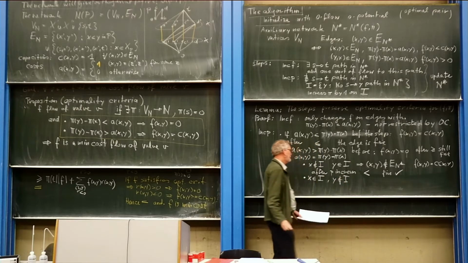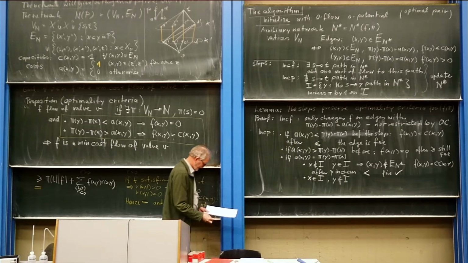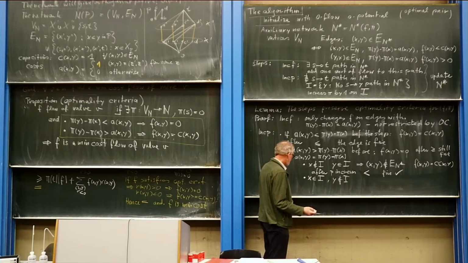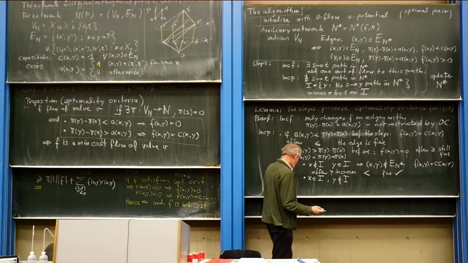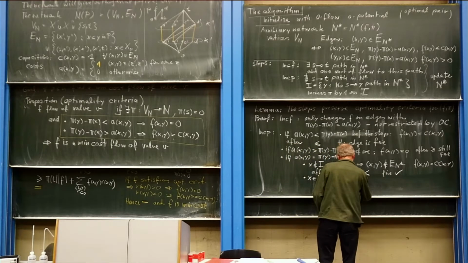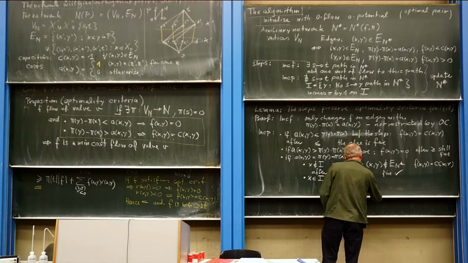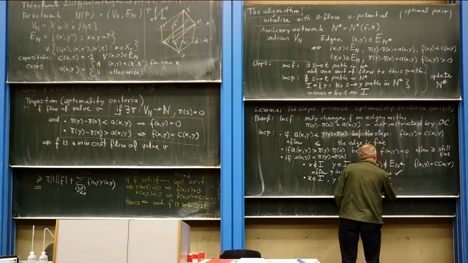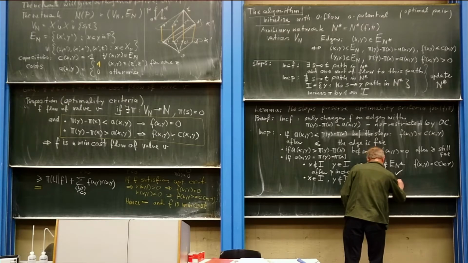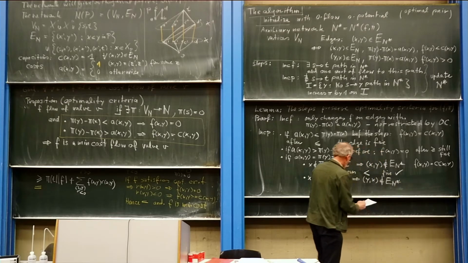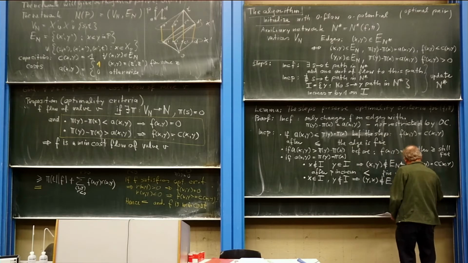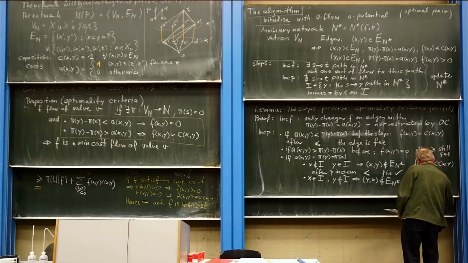Y is reachable, y is not in I. Now, in this case, we can clearly say that this is not in the edge set of N star. And to have this, we know that f x y is equal to 0.